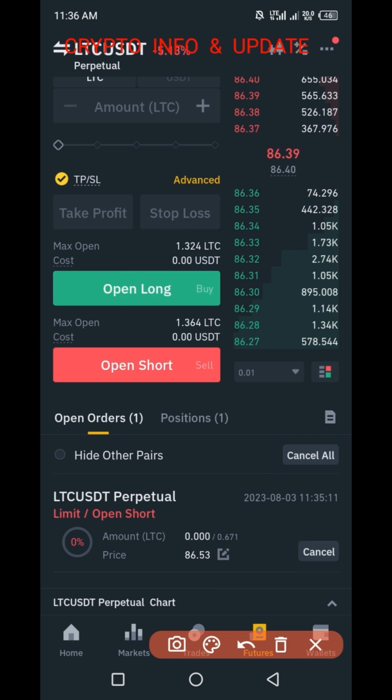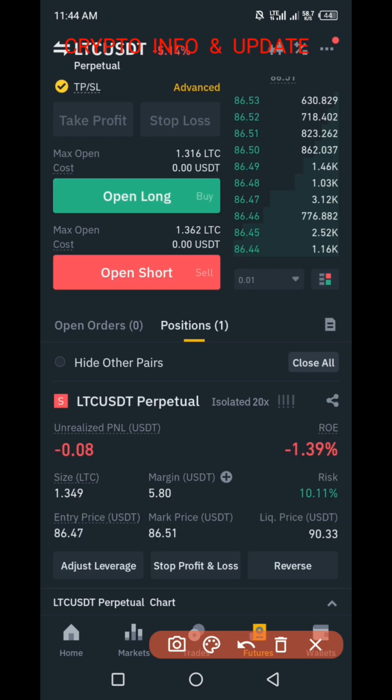Let's make progress. It got to a point where it was filled. At this point it was already filled, because if you look at the open orders tab, there's nothing there. So it has already been filled, unlike in the initial screenshot where it hadn't been filled yet.